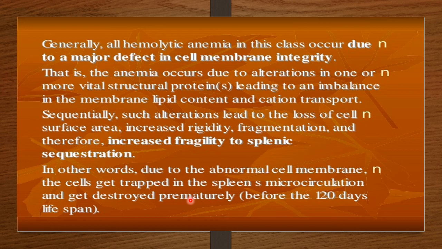Sequentially, such alteration leads to the loss of cell surface area, increased rigidity, fragmentation, and therefore increased fragility to splenic sequestration. In other words, due to the abnormal cell membrane, the cells get trapped in the spleen microcirculation and get destroyed prematurely, that is before 120 days.